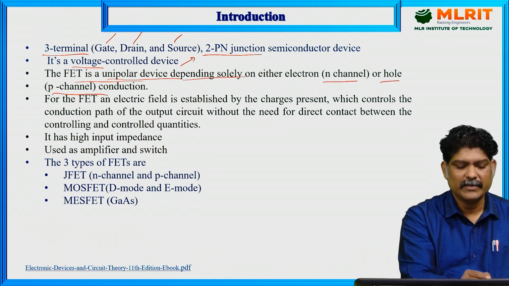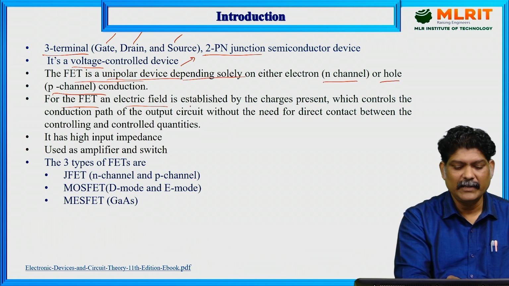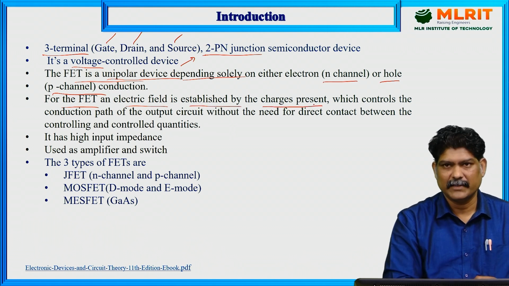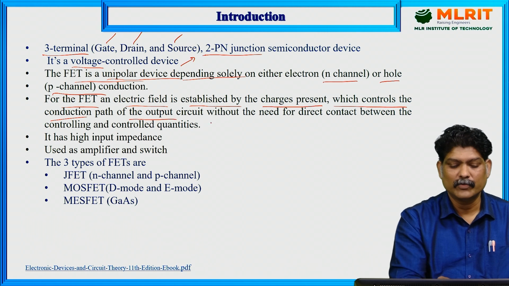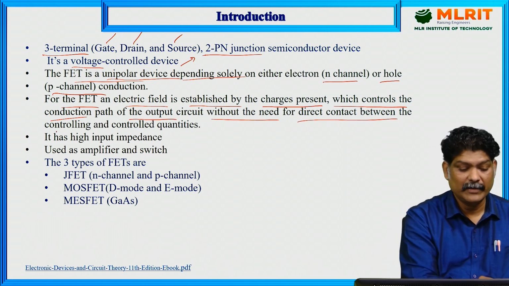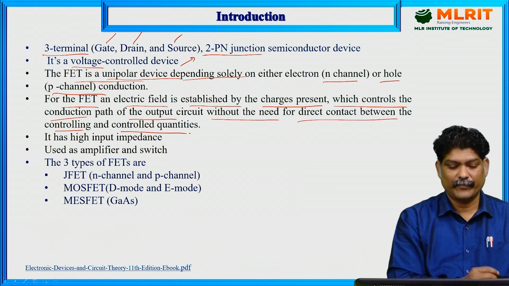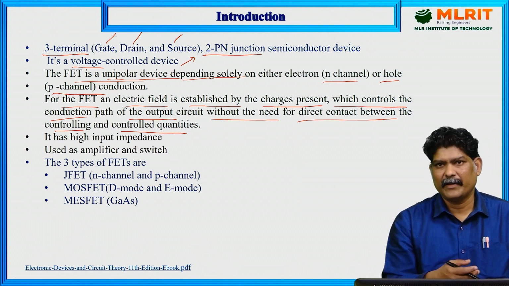For the FET, an electric field is established by charges present in it, which controls the conduction path of the output circuit without the need for direct contact between the controlling and controlled quantities. So this is a virtual operation, you can say.